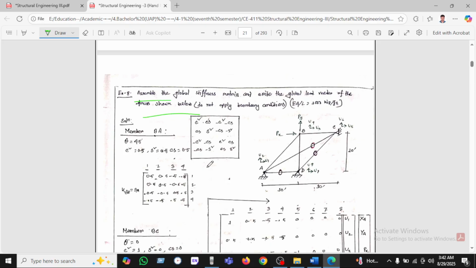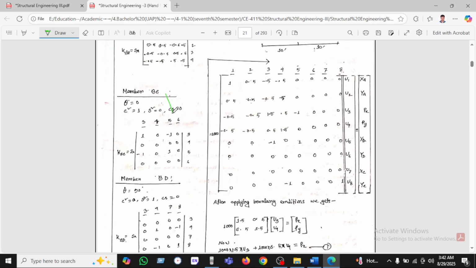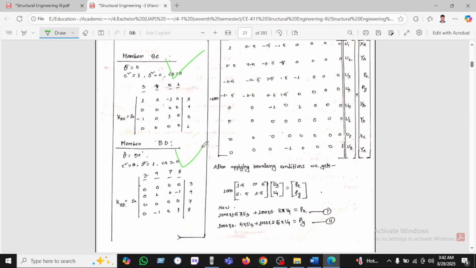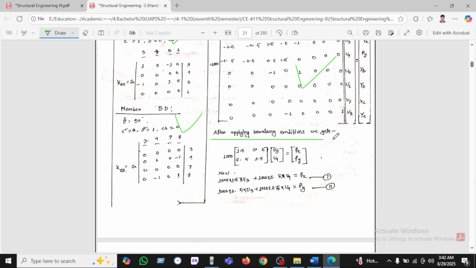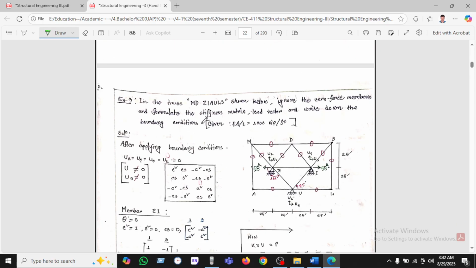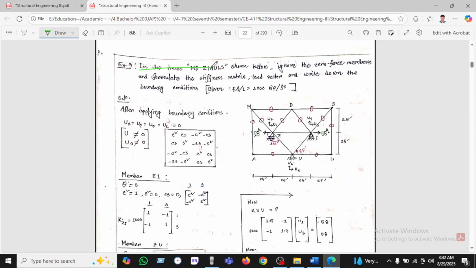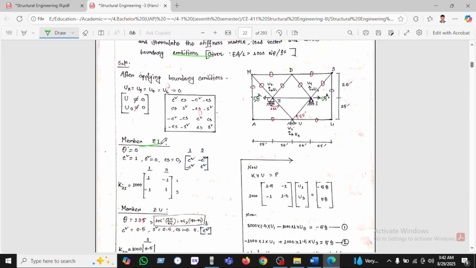And in another example we've seen here, calculating the stiffness of BC, assembling the matrix, applying boundary conditions and forming the equations. Another one we can see here, given all these zero force members identified, then for the members we can find the stiffness.